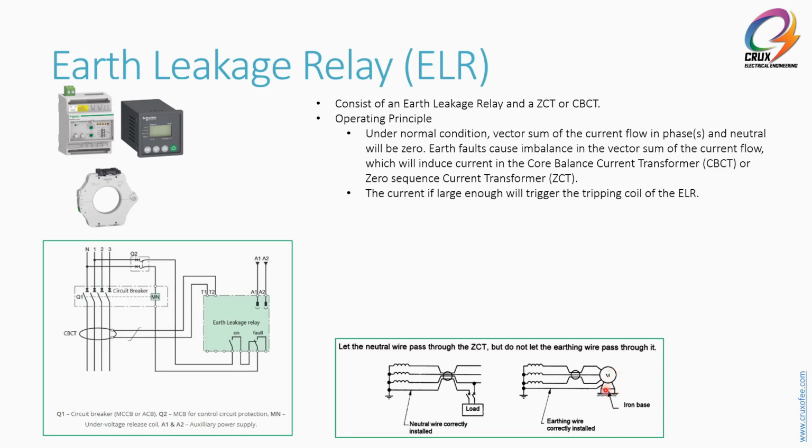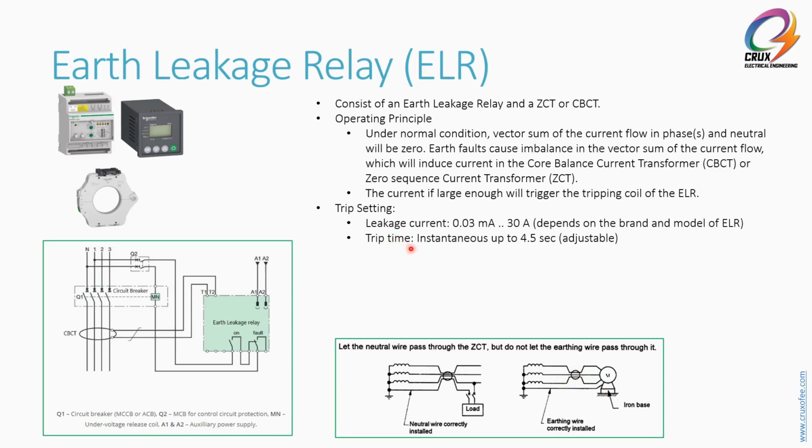So that earth fault current can travel through this earthing cable. If you put this earthing cable within the ZCT, the return earth fault current from somewhere else may trigger nuisance tripping of the ELR due to the ZCT or the core balance CT reading it.